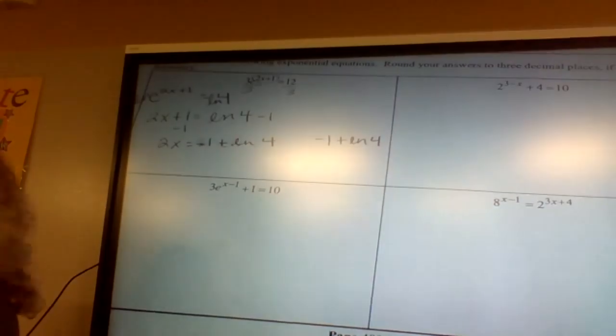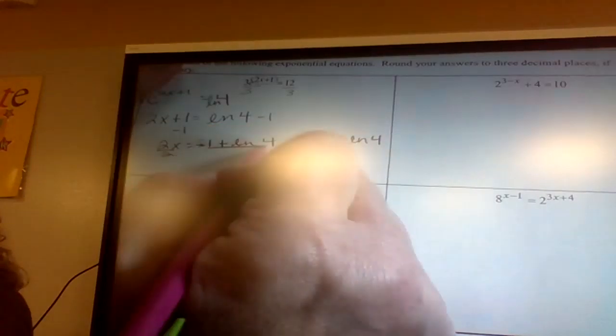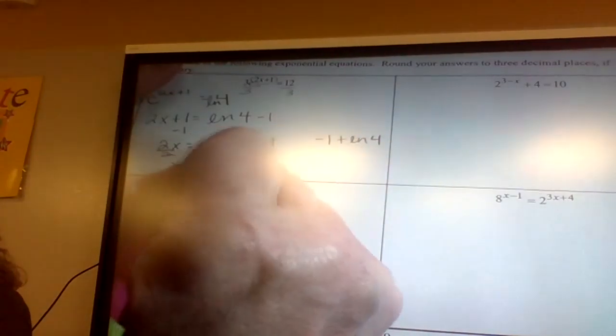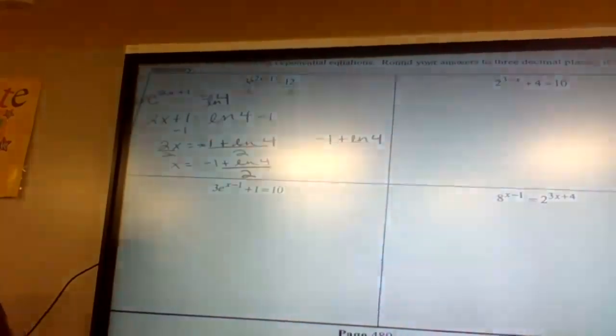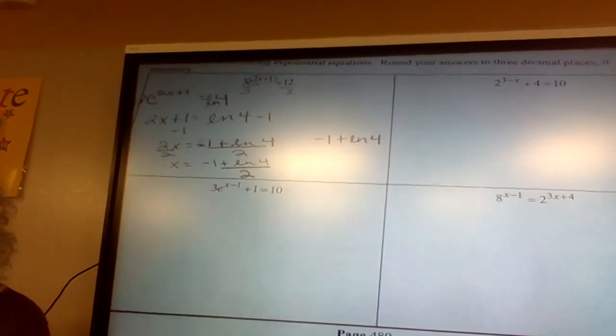You couldn't finish that off. And then all of this gets divided by 2. So my exact answer is this. If it says don't use your calculator, get an exact answer, that's your exact answer. If you have to use your calculator and round to 3 decimal places, it is 0.193.